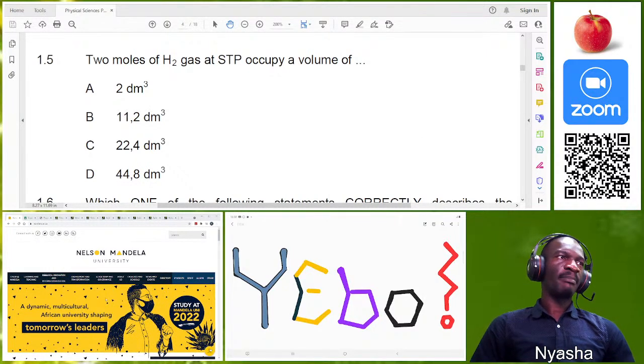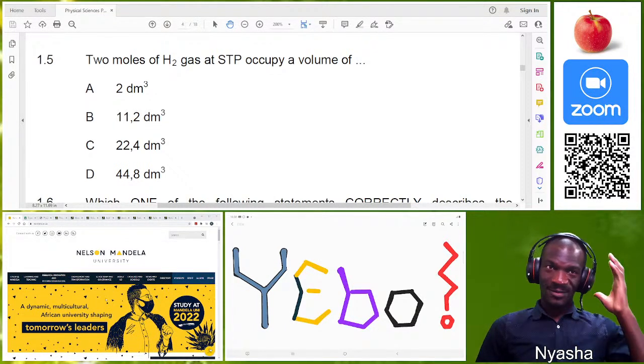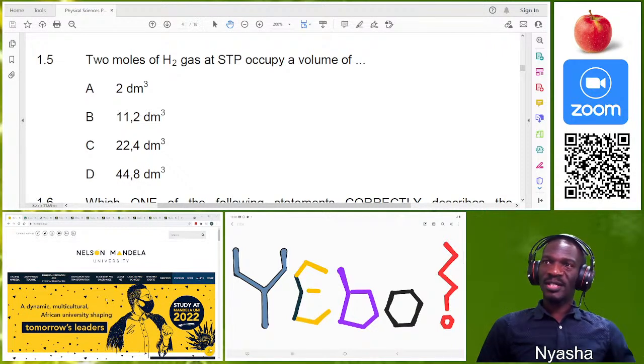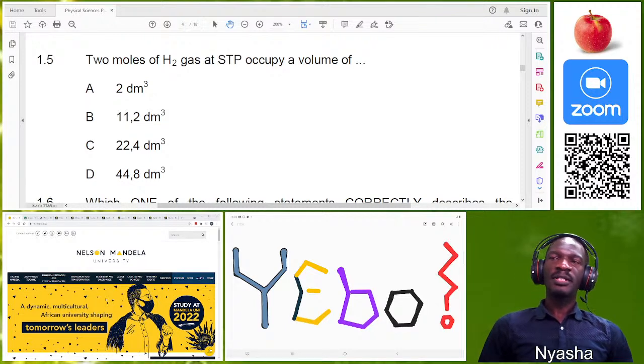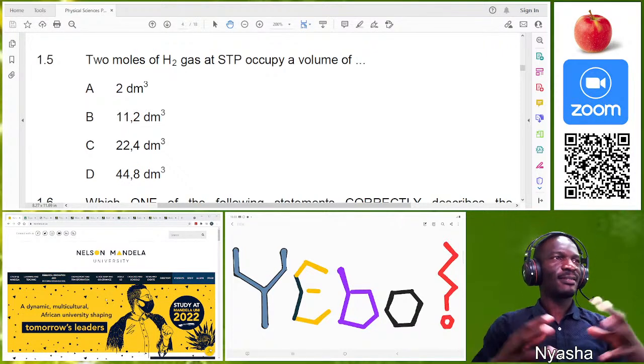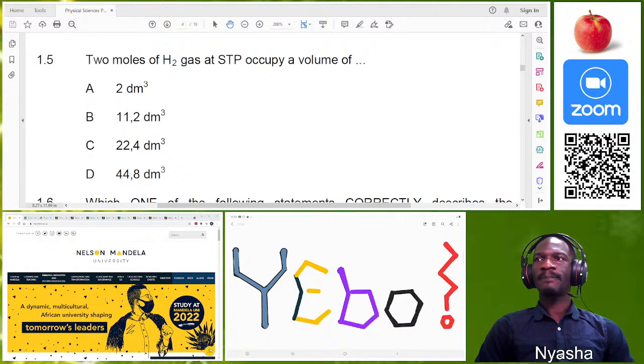So we are thinking about which equation has a term on number of moles, a term on temperature, a term on pressure, a term on volume, and then we make use of that equation to find the volume occupied by the 2 moles of hydrogen.